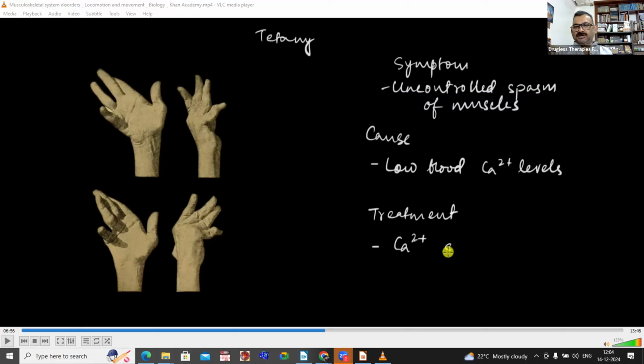So here what we can do in our Vibronics is use mixture number 67, and it will balance the calcium, and also we can give the Spasm mixture. Also give the connective tissue and supportive tissue mixtures because muscles are involved. We can follow the correct homeopathic repertory and materia medica to decide which finger is doing the spasm.